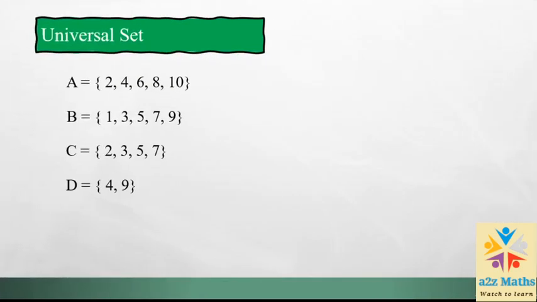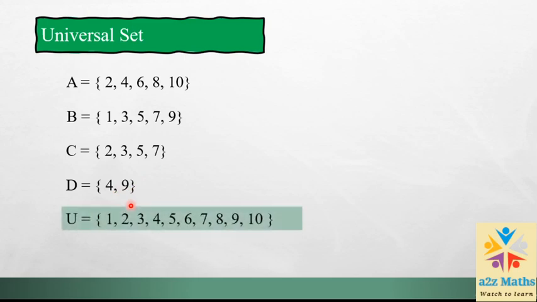Let's take another example. For example, I have a set A, 2, 4, 6, 8, 10, first 5 even numbers. Set B, first 5 odd numbers. We have set C, 2, 3, 5, 7, and D is 4, 9. All these sets are different.